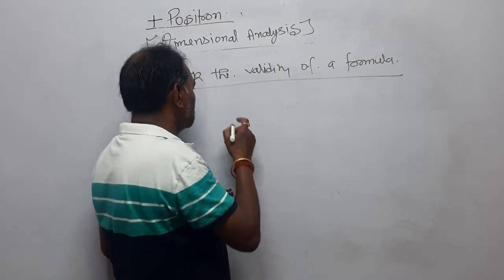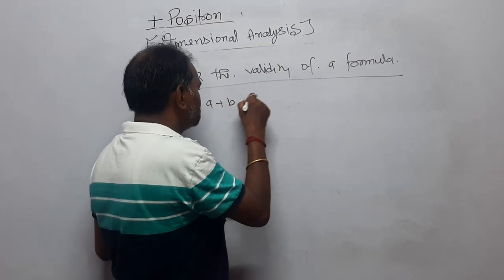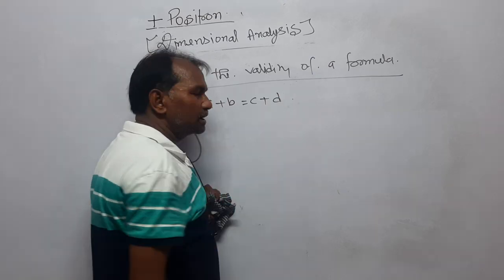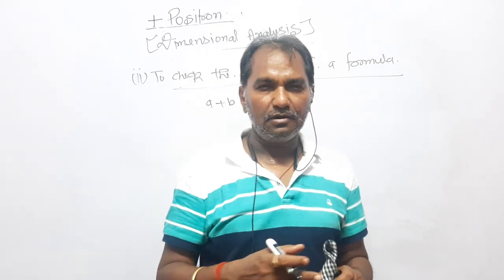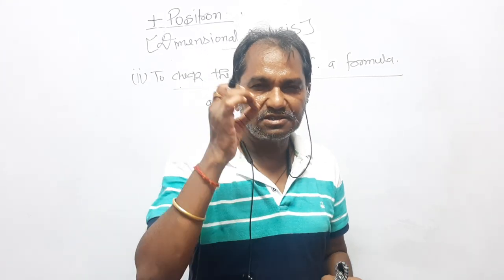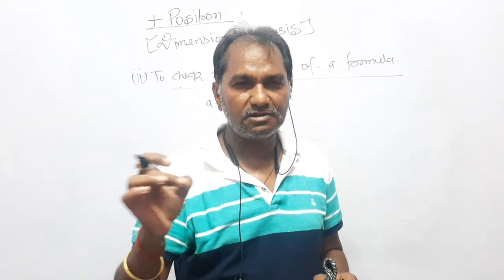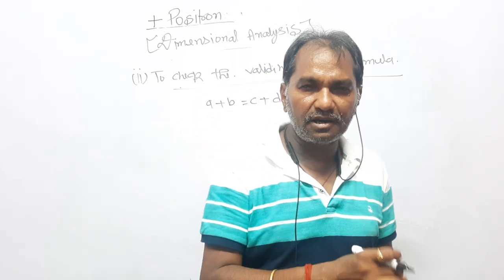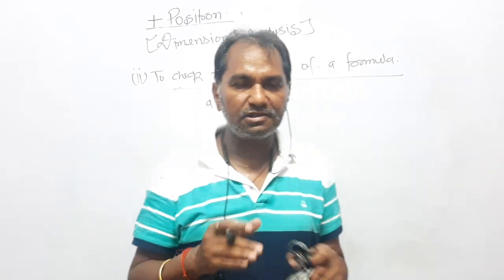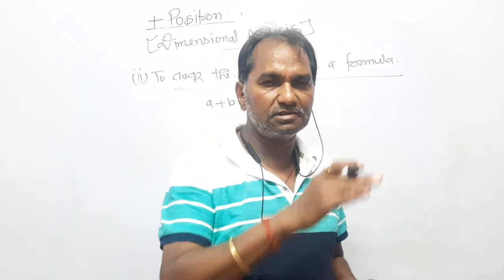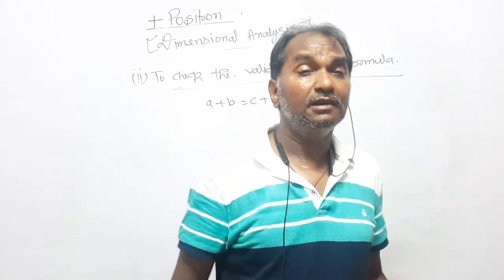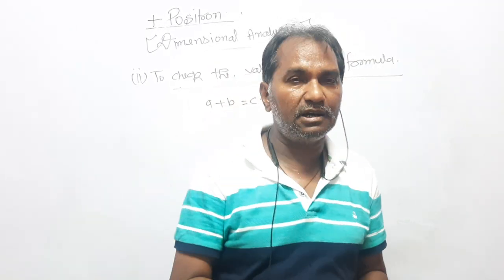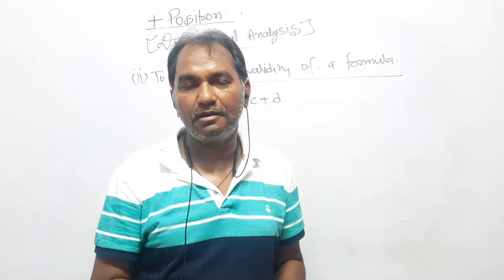If A plus B is equal to C plus D, then it means A, B, C, D all possess the same dimension, because physical quantities of the same dimension can be added or subtracted. Physical quantities with different dimensions cannot be added or subtracted. Yet they can be divided and multiplied.